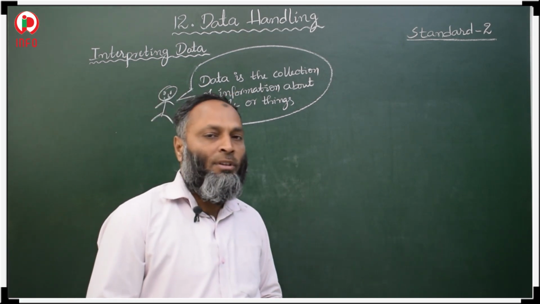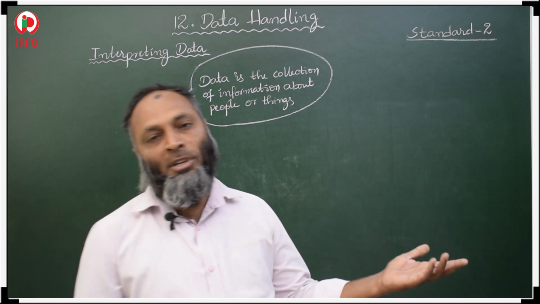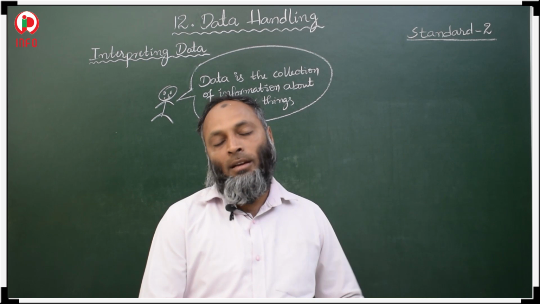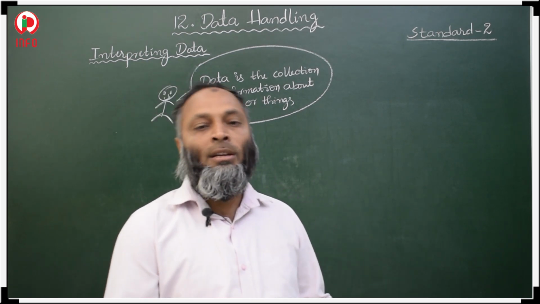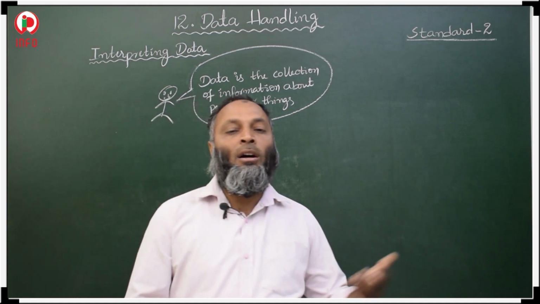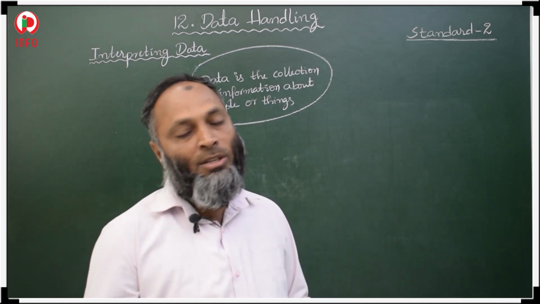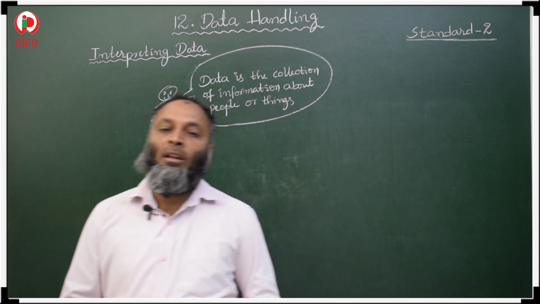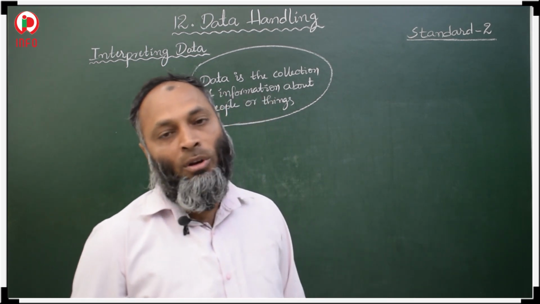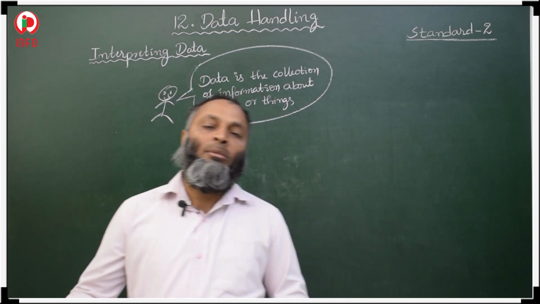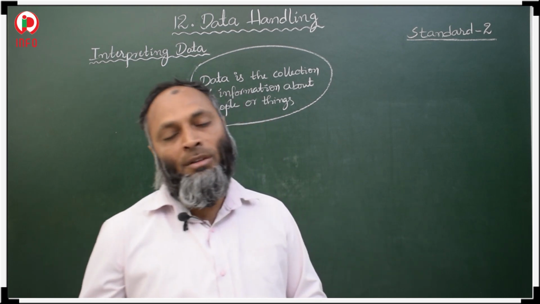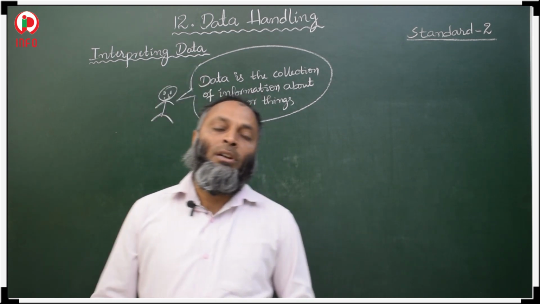So what information is there in a school? Attendance information, present and absent information, marks information, student scores. There is a lot of information that belongs to a school. And the same for the population of a country, a state, a city.